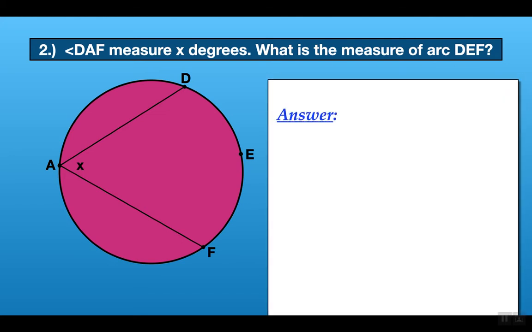The answer is the measure of arc DEF is 2x, because an inscribed angle is always half the measure of its intercepted arc. So if you multiply it times 2, that will give you the measure of the intercepted arc.